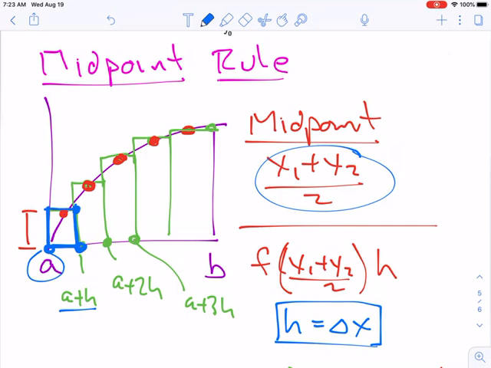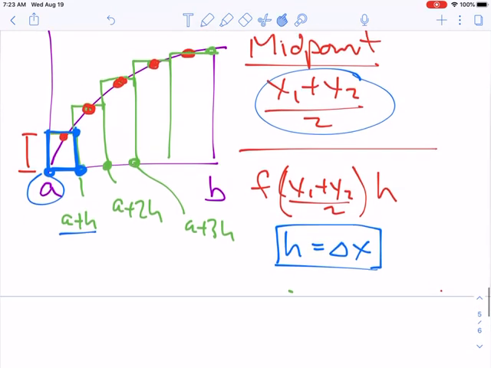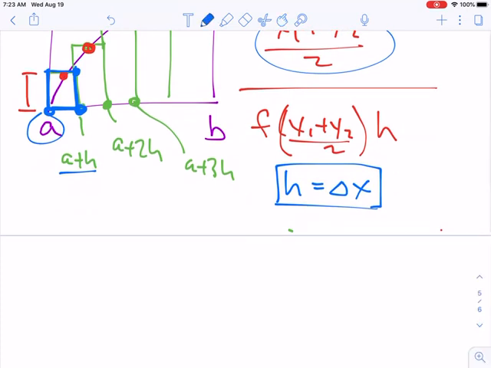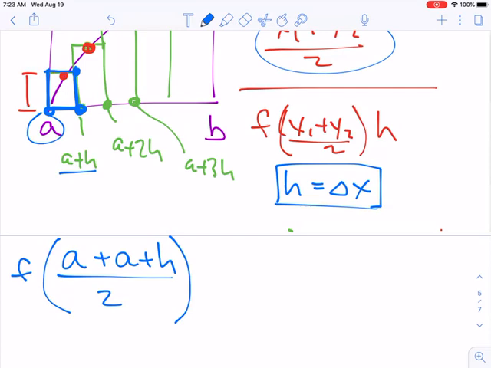So if we wanted to find the midpoint, we would take a plus a plus h, those two points, and divide them by 2. Now, that is my function value. That becomes the height of the rectangle.